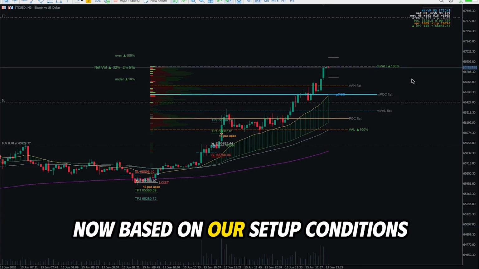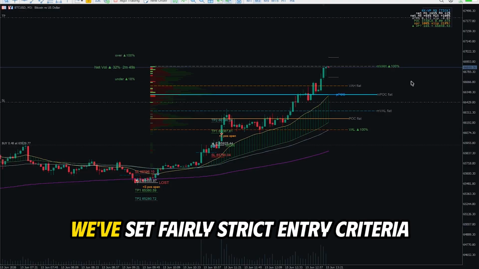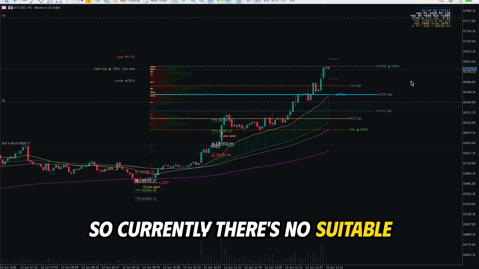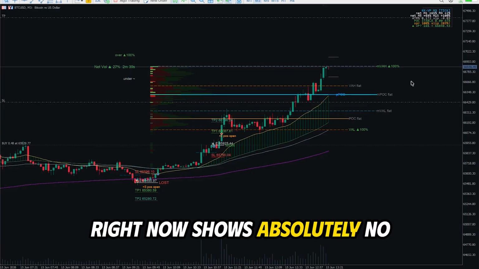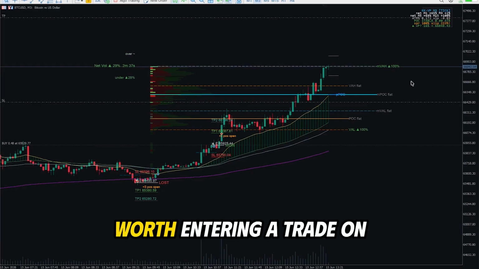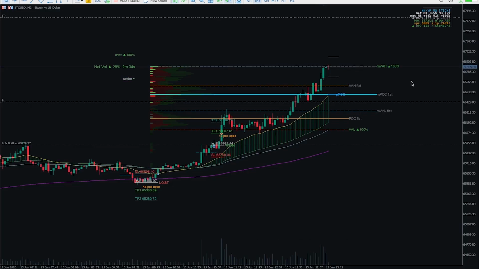Right now, based on our setup condition, we've set fairly strict entry criteria. So currently there's no suitable entry point, meaning the indicator right now shows nothing absolutely worth entering a trade on.